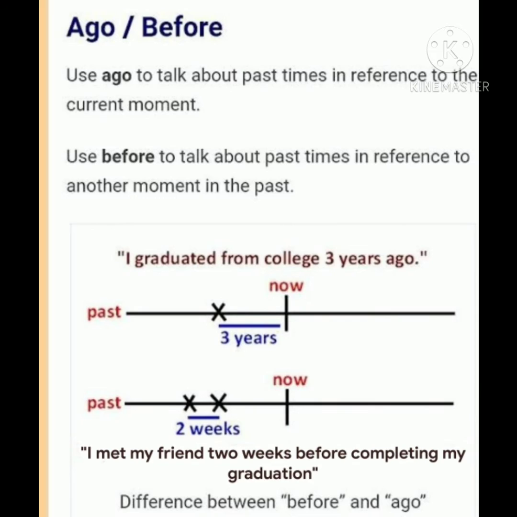Means I completed the graduation in 2018 in past tense. And before that, I met my friend before 2 weeks. 2 weeks before completing my graduation, I met my friend. Both the actions took place in the past only, but I met my friend earlier than completing my graduation.